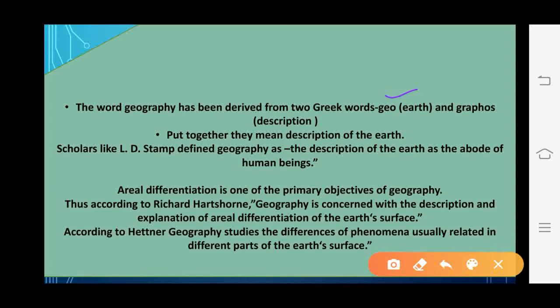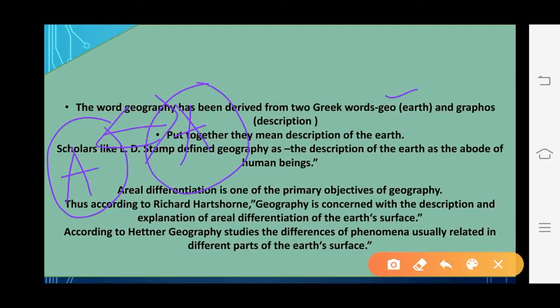Now areal means area, differentiation means differences, means geography studies the differences between two areas. Let us take one area and the other area. What are the differences between these two areas? That is areal differentiation. मतलब एक एरिया दूसरे एरिया से किस तरह से डिफरेंट है उसको हम एरियल डिफरेंशिएशन बोलते हैं.